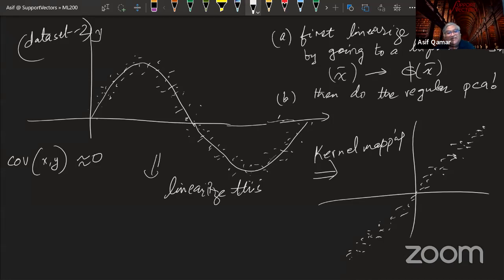Then do the regular PCA. What say you guys? Is this more straightforward? Is this two-step process obvious?